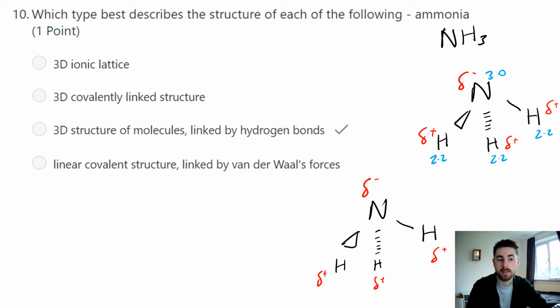Between these ammonia molecules, between the partial negative nitrogen of one molecule and the partial positive hydrogen of another molecule, there will be forces of attraction because positive is attracted to negative, and this attraction here is called hydrogen bonding.